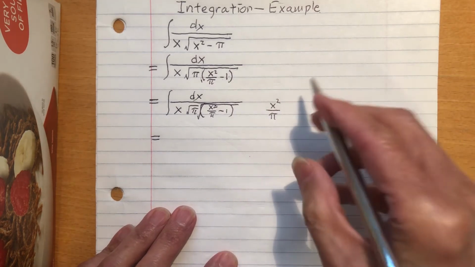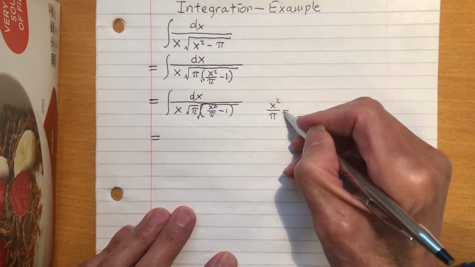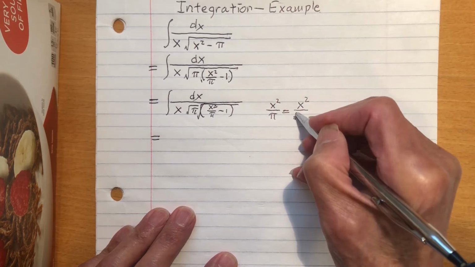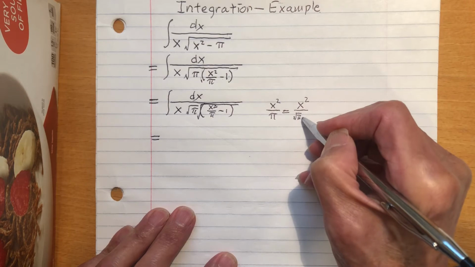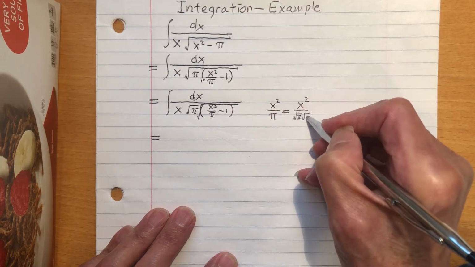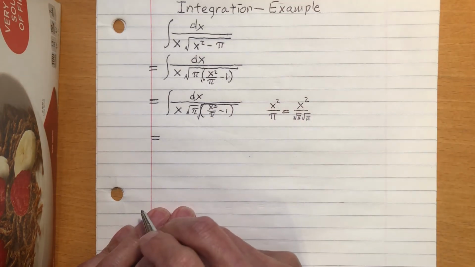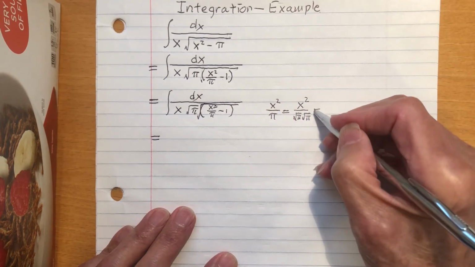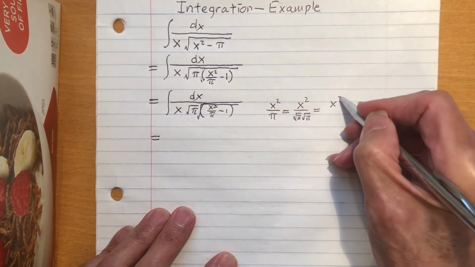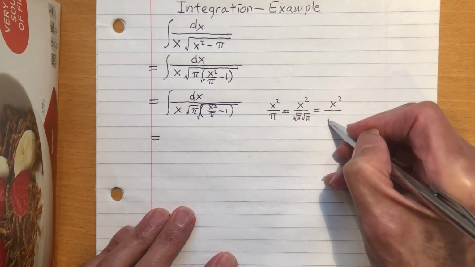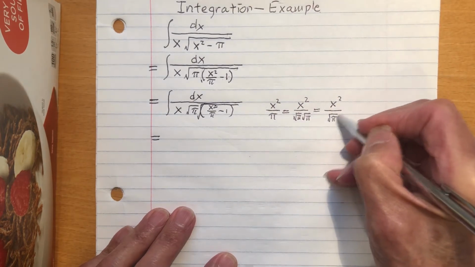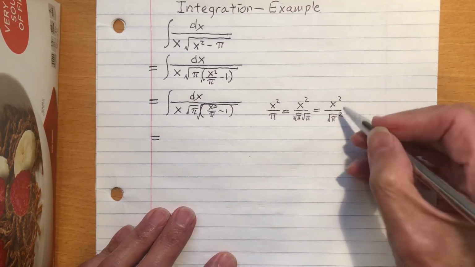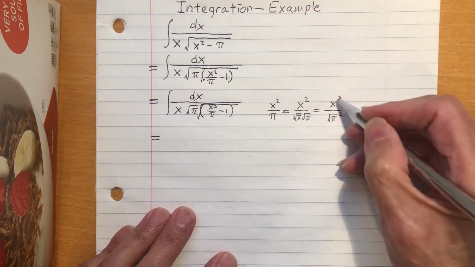But pi can be written as square root pi times another square root pi, right? So this is square root pi squared. You agree? Then I can use a bracket.